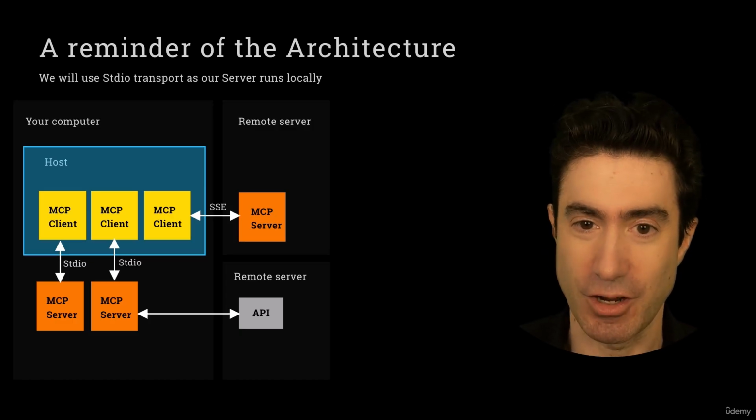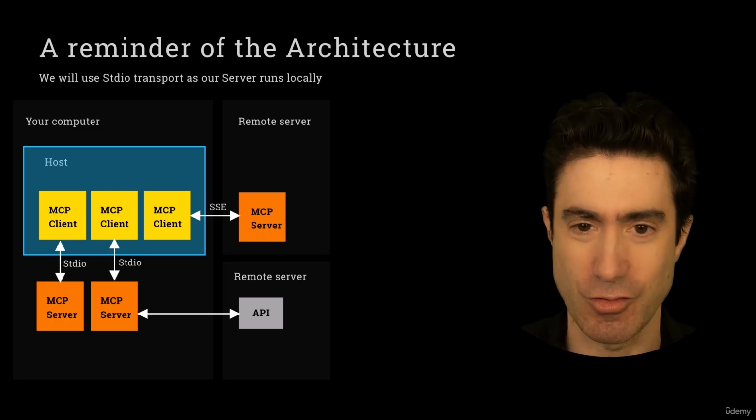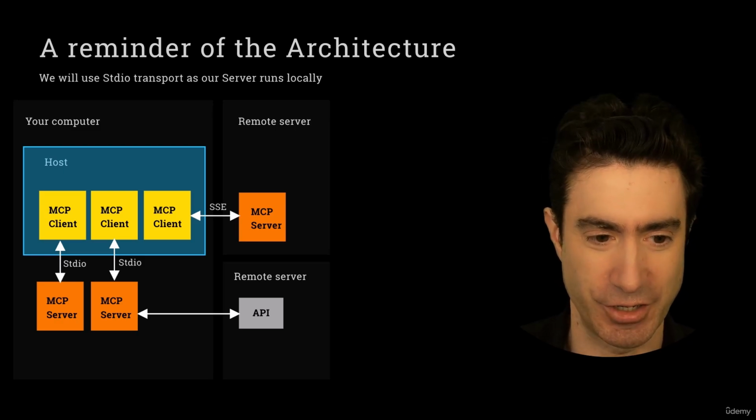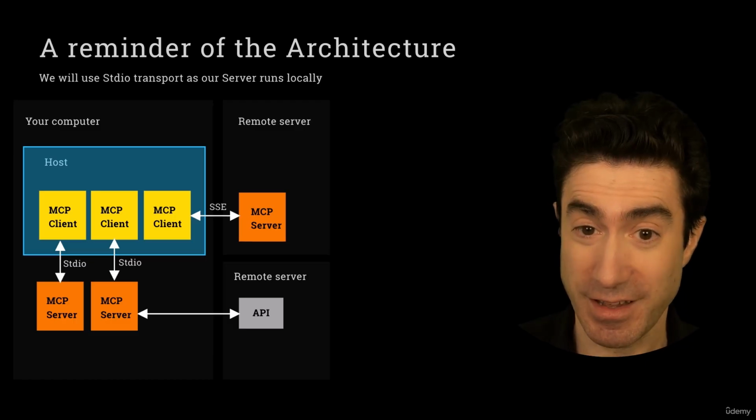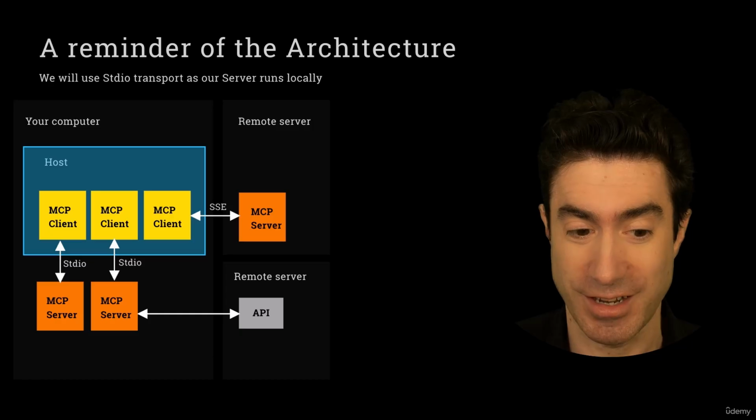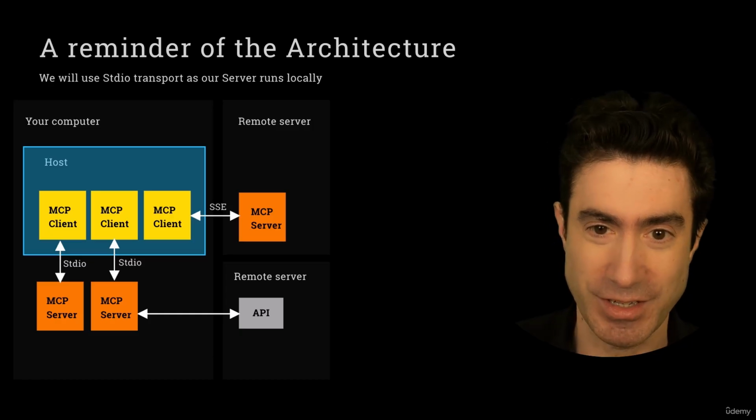And they connect over standard input and output for that process, and it's known as a STDIO connection. And the second yellow box is very similar, another MCP client running in the host, connecting to an MCP server in a different process on the same box.